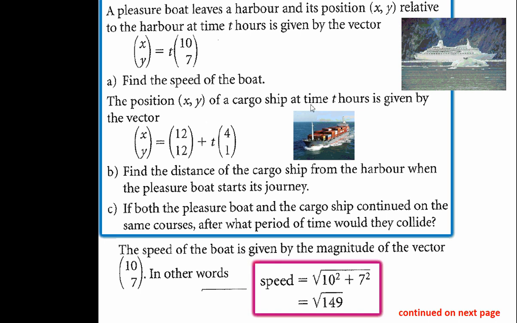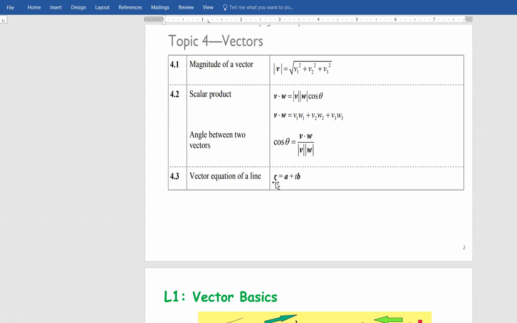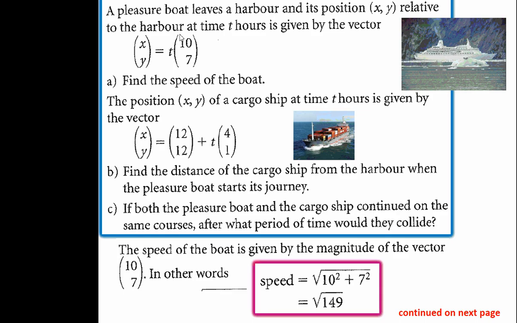The position xy of a cargo ship at time t hours is given by this vector. Notice this one has a position point A in the form of this, as the other one does, it's just that there it was 0.